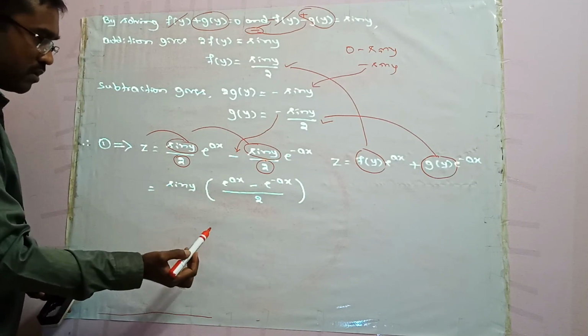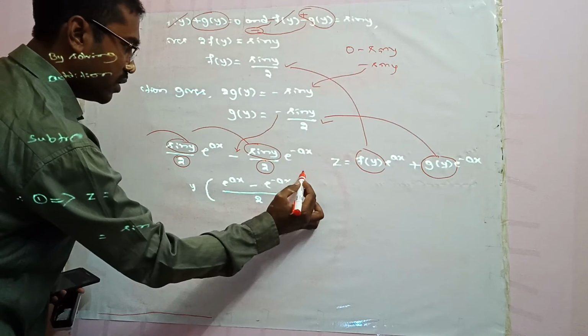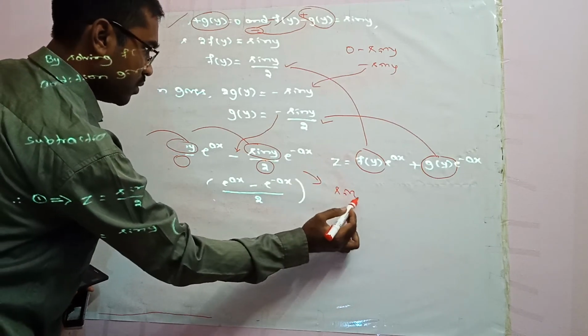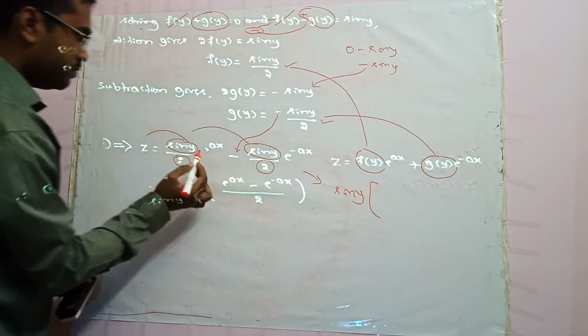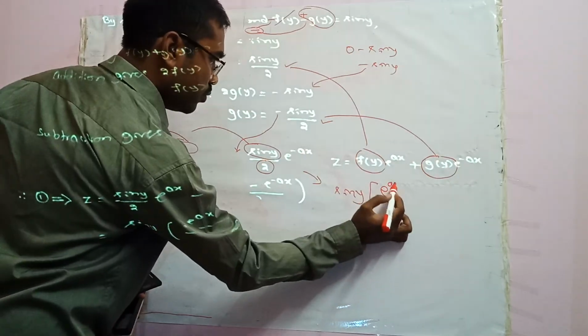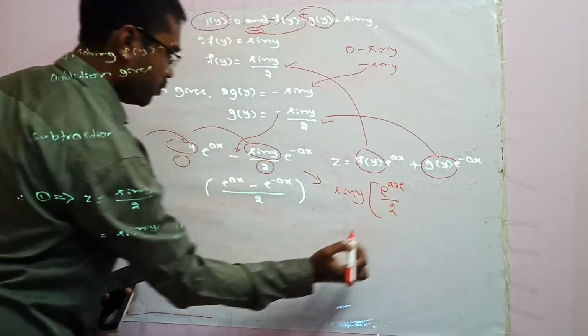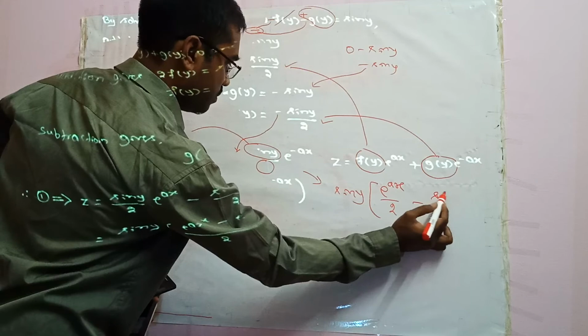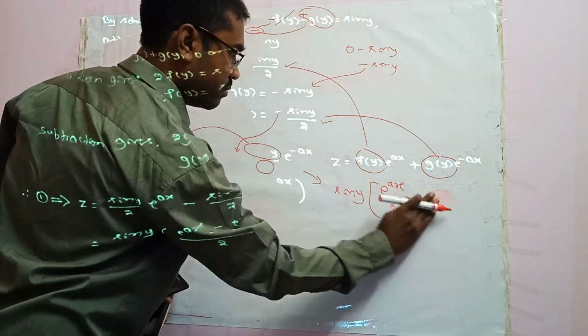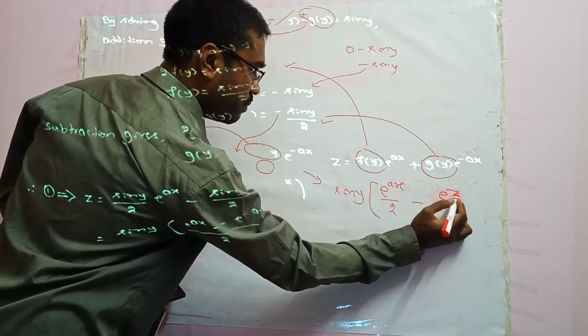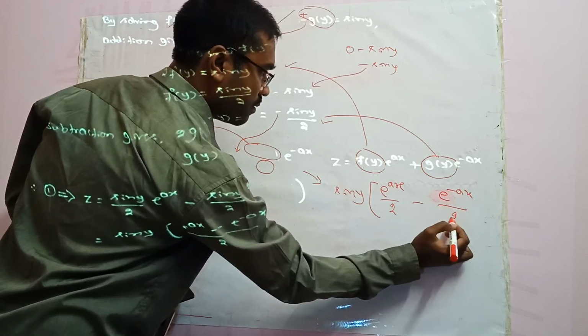Sin y into e to the power ax by 2 minus e to the power minus ax by 2.